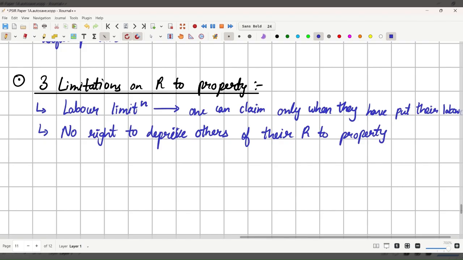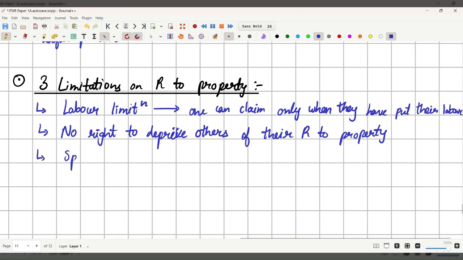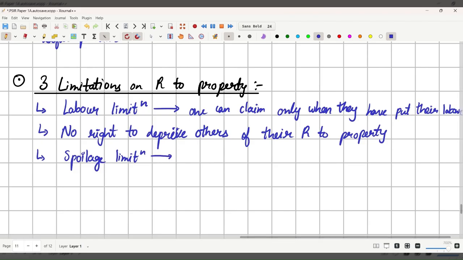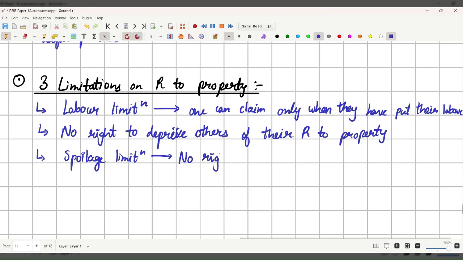Then the spoilage limitation, which basically means that one has no right to spoil property.